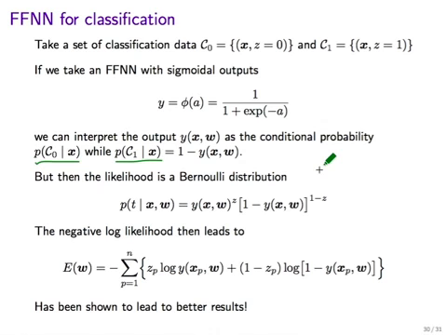But if you do that, the likelihood is actually a Bernoulli distribution. And computing the negative log likelihood leads to this different loss function. So whenever you do classification with a neural network, please use a Bernoulli rather than a Gaussian assumption.